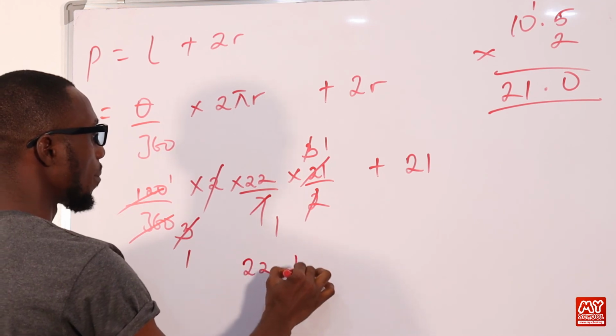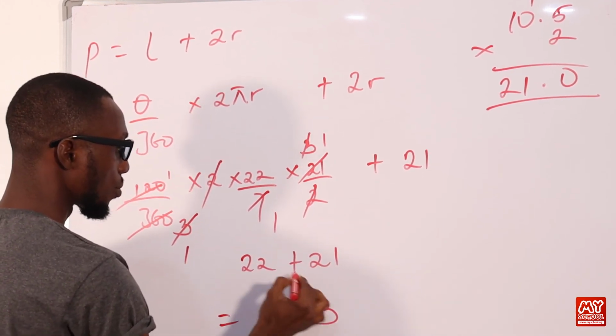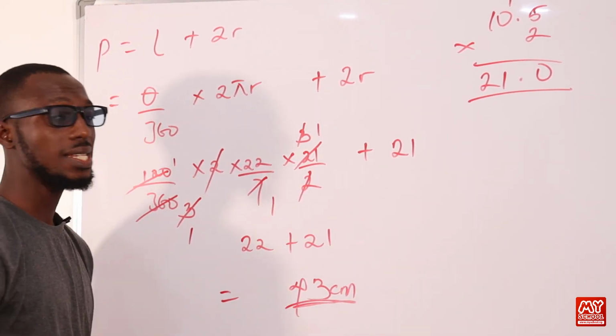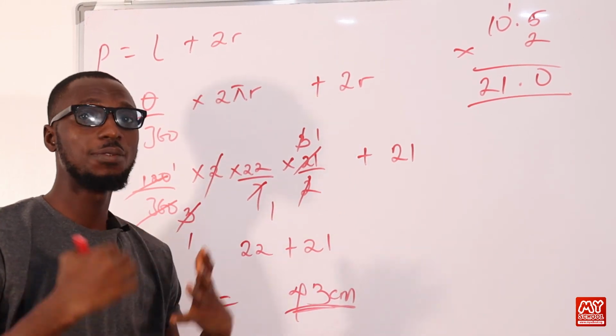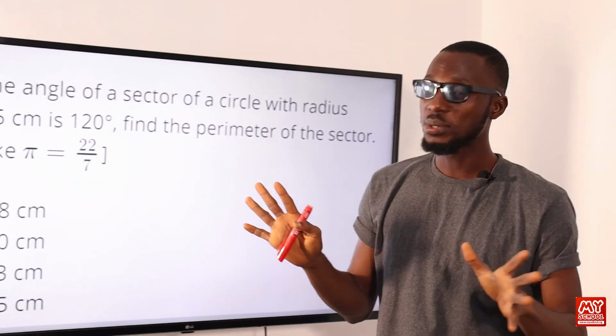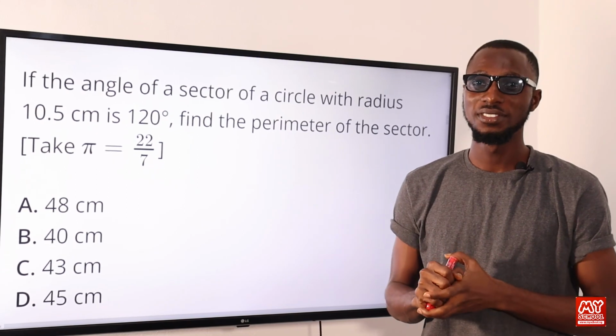So 22 plus 21 equals 43, since 2 plus 1 is 3, 2 plus 2 is 4. So the perimeter of the sector is 43 centimeter. So let's see if we can find 43 centimeter in the options provided. So which of the options? That's option C. So option C is the correct option.